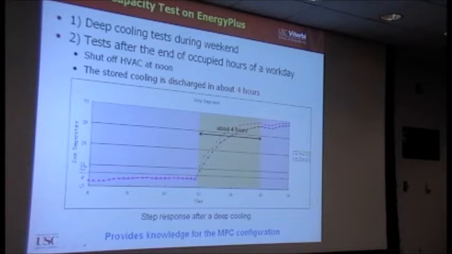So the test for this building here is pretty encouraging. If you pre-cool it, this is an experiment we did on the simulation platform. If we use the weekend time, we pre-cool it during the night, and then we shut down the entire HVAC and let the temperature recover due to the ambient temperature.